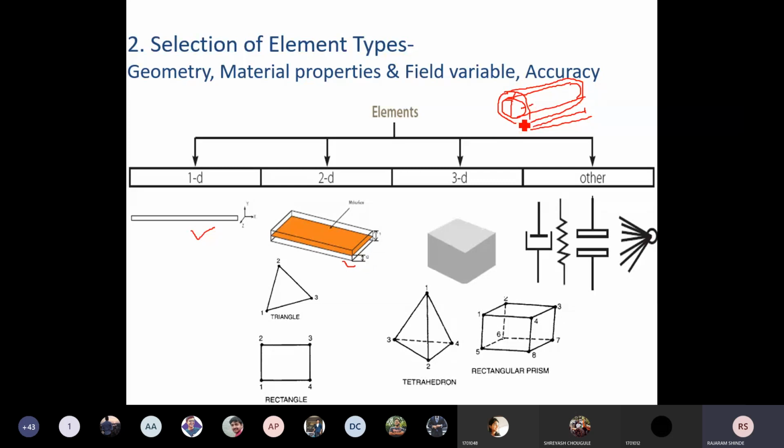So here, one dimensional or two dimensional elements can work for this type of problem, but three dimensional elements will not work. If you go for three dimensional elements and the part has very small thickness, these elements fail in the thickness. If you go for this one, you can create a surface on the pipe. I will use another color.